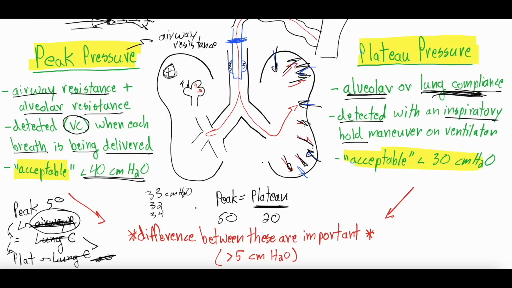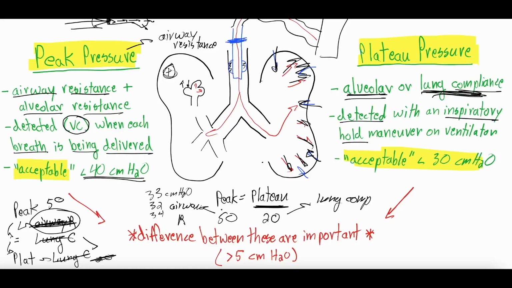And this can be helpful when understanding the pathophysiology going on, because these two represent different things. So anytime the peak pressure is high, the second question is, what's the plateau pressure? And if the plateau pressure equals the peak pressure, this is really a lung compliance problem. If the peak pressure is greater than the plateau pressure, it's really an airway resistance problem.